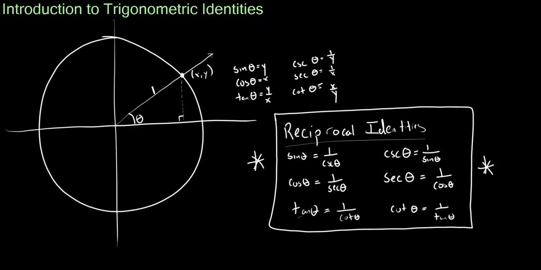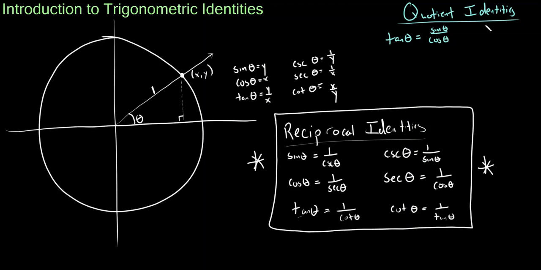Another set of identities refers to tangent and cotangent, and these are what we call the quotient identities. Now remember, tangent can be thought of in the unit circle as y over x. Well, y is sine and x is cosine.